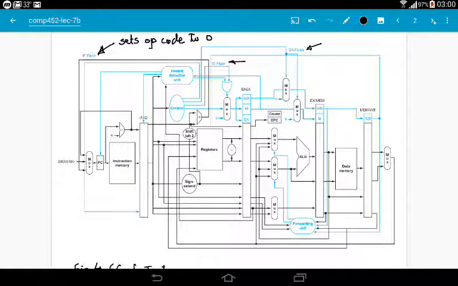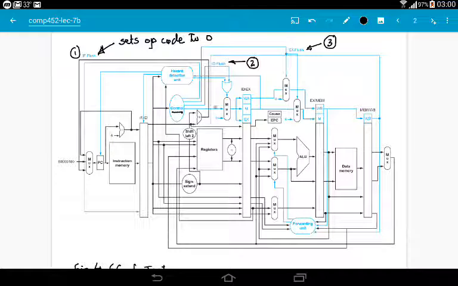These three signals, IF flush, ID flush, and EX flush, are all coming from the main controller.